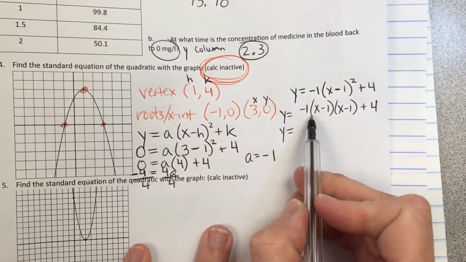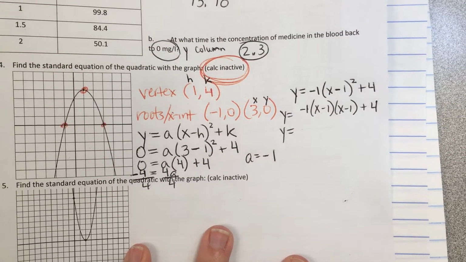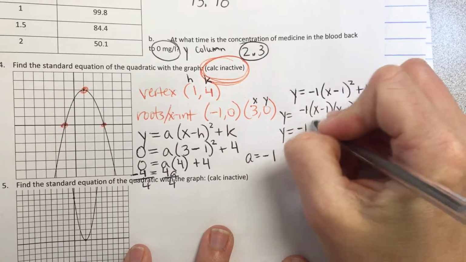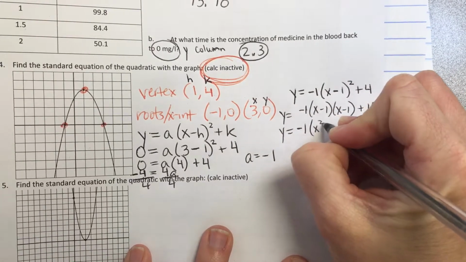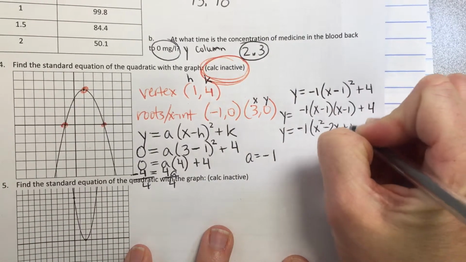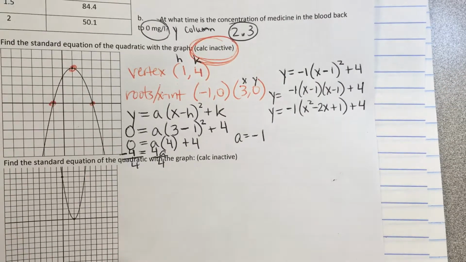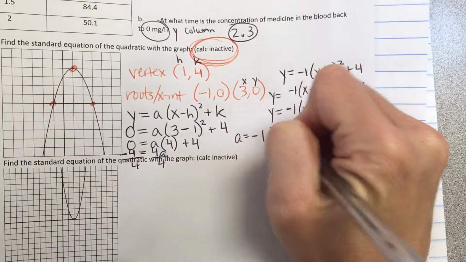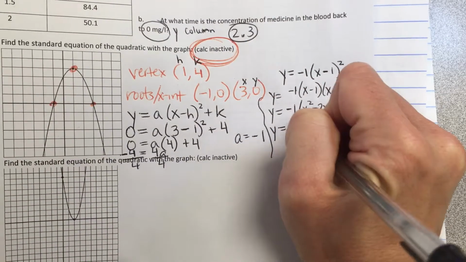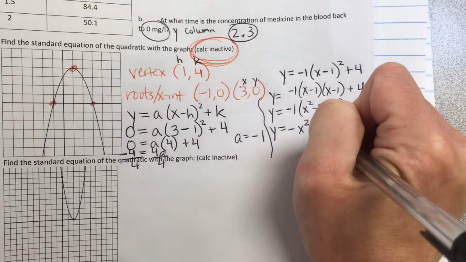Do y'all want to distribute the negative 1 or FOIL next? FOIL. When you FOIL that out, you get x squared minus 2x plus 1. So my final answer is going to be y equals negative x squared plus 2x.